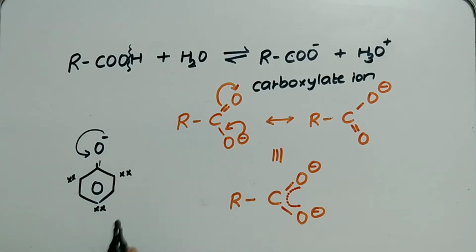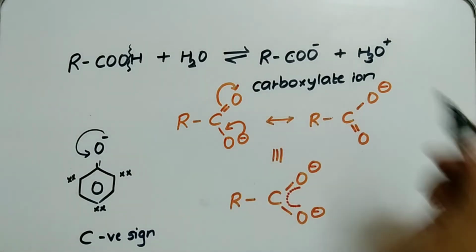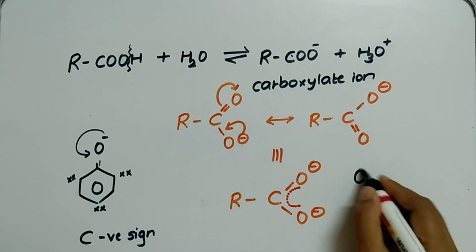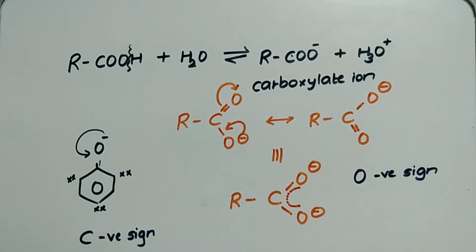So carbon gets a negative sign. In phenoxide ion, in the resonating structures, carbon gets a negative sign. But in carboxylate ion, oxygen is getting a negative sign.